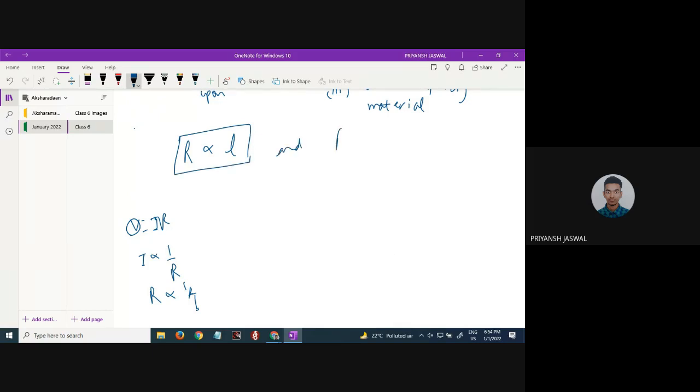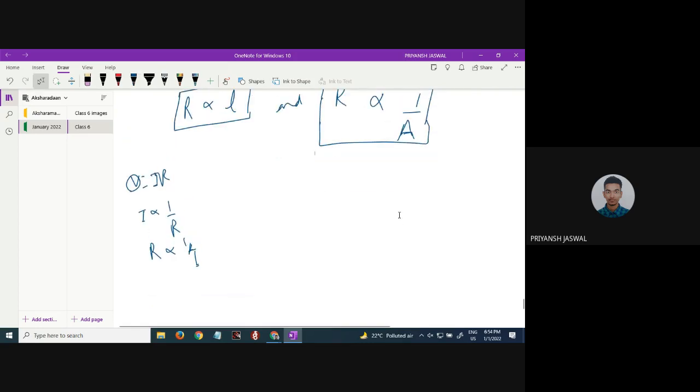The other observation is that for a thicker wire the current is more, or you can say the resistance is less. Thicker wire, area more, current more, resistance less. So there is an inverse relation between resistance and area of cross section. Combining these two relations, we land upon R proportional to L by A. That is, the length proportionality is direct and the area proportionality is inverse.